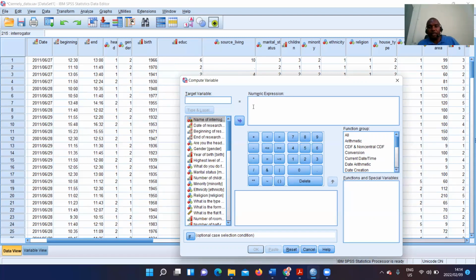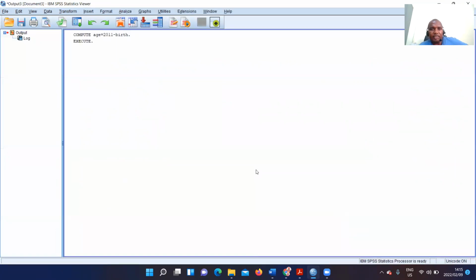So the target variable is age, and this age is simply 2011, because the study was carried out in 2011, minus birth. Age is equal to 2011 minus birth. And that gives us that information.